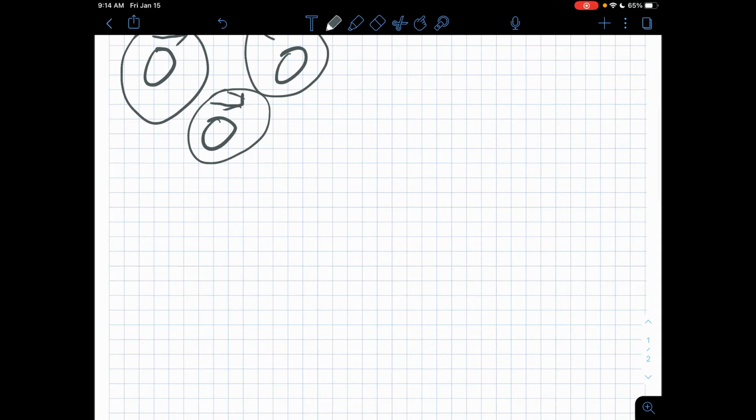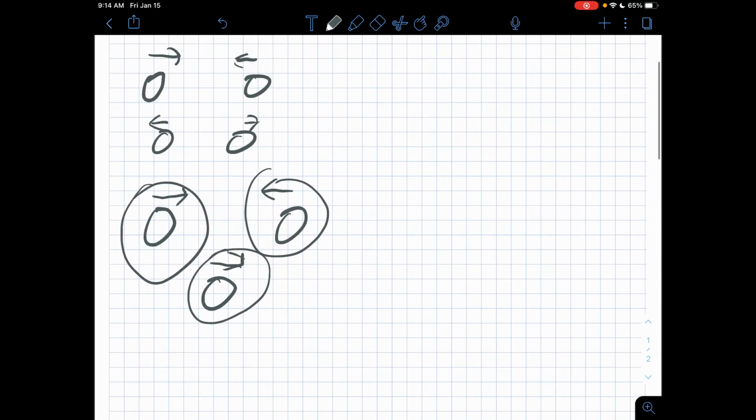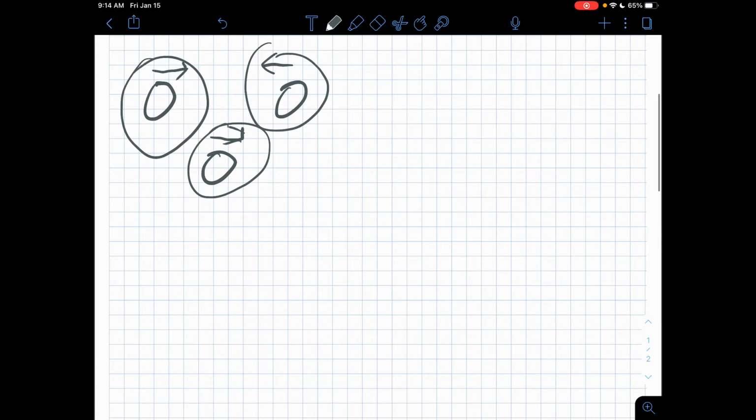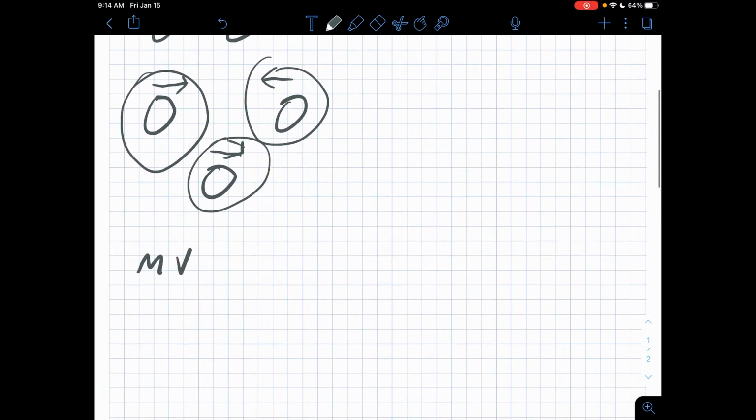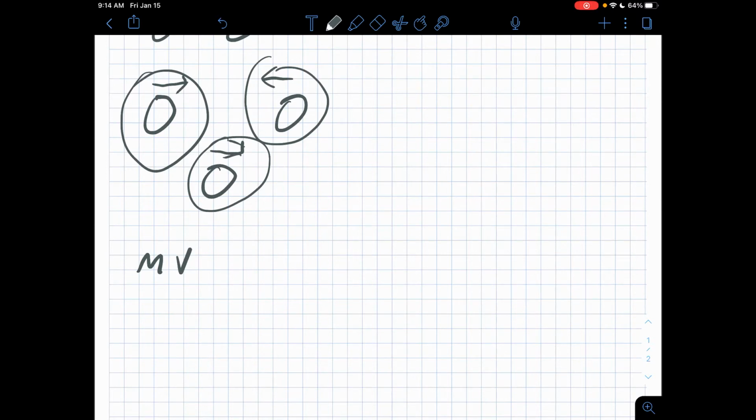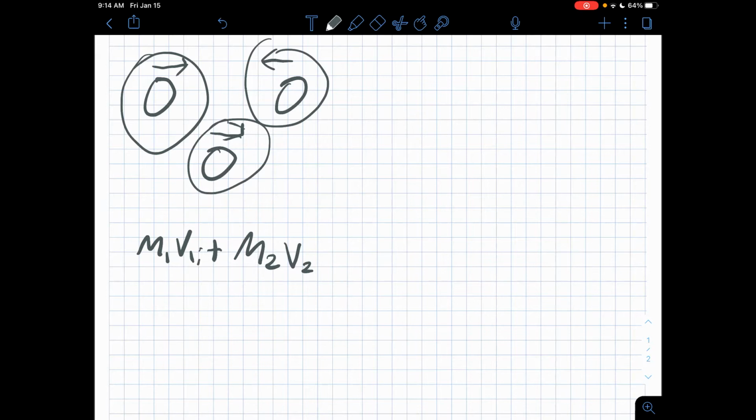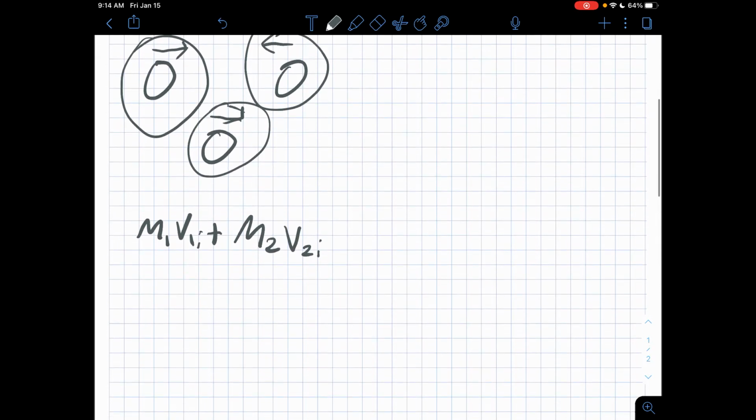So let's go over the formula for an elastic collision. Like I said before, the total momentum is conserved. If you remember the formula for momentum, it is mass times velocity. So for an elastic collision where you have two objects that remain separate, you take the mass of the first object and its initial velocity, m1 v1 initial, add it to the mass of the second object and its initial velocity, m2 v2 initial.